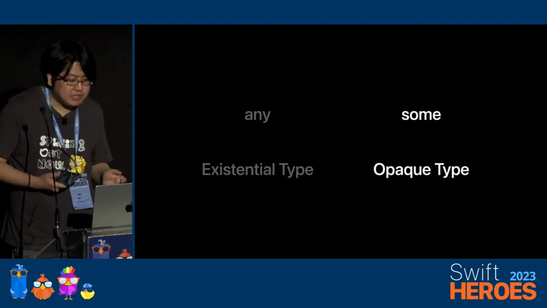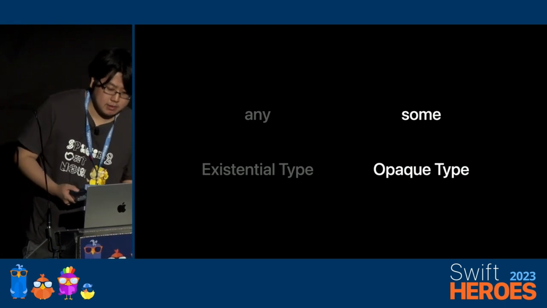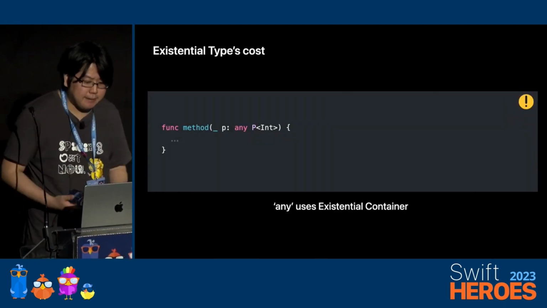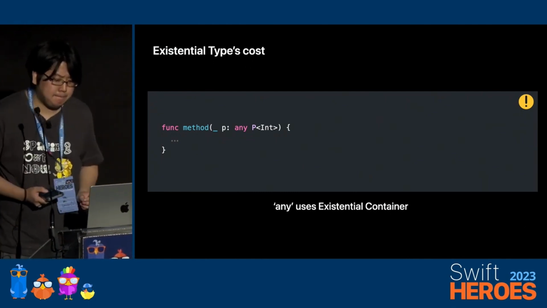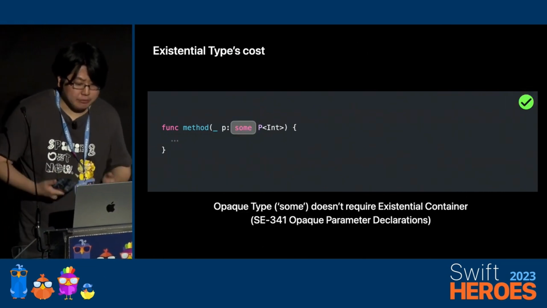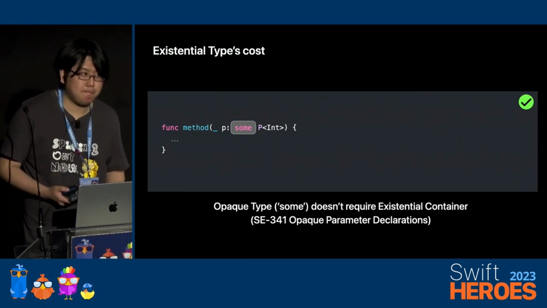Next, let me introduce some, the opaque type, to solve it. As I said, the any keyword makes P an existential type, and it requires the existential container. Now, you can use opaque type by writing the some keyword, so as not to use the existential container.